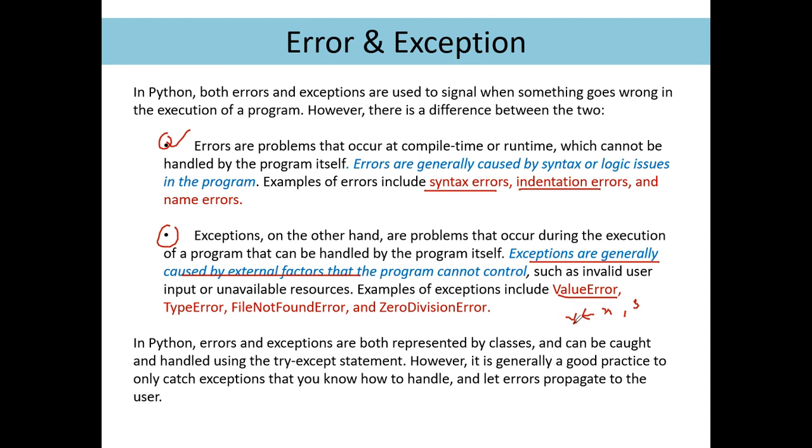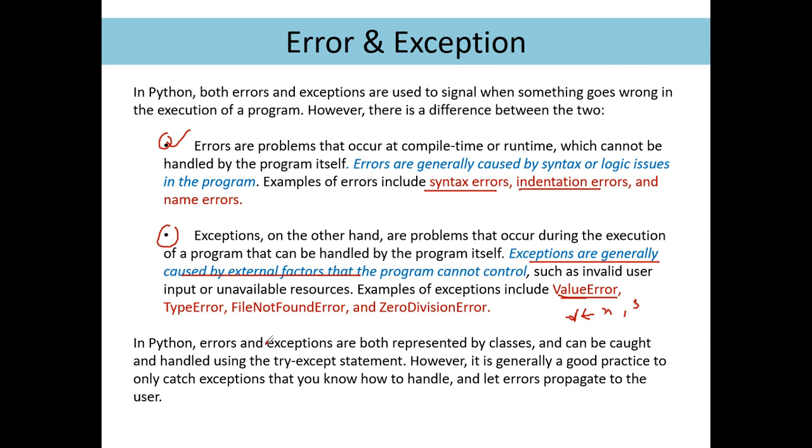This string value is not valid for your program, hence there is an exception. That exception can be termed as value error. So there are type errors. These are the different system defined exception class names in Python.